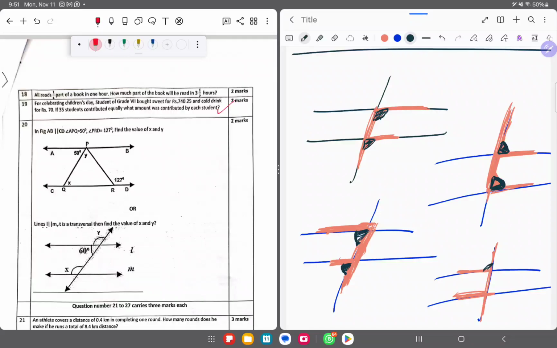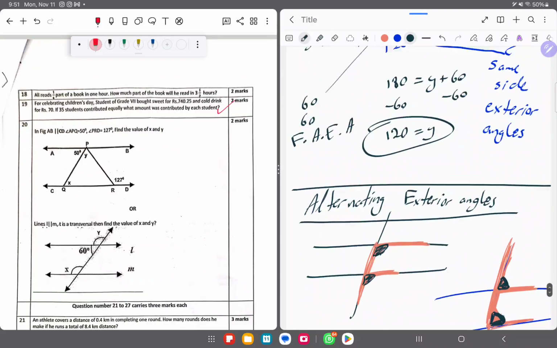This one is here. You see it? I need you to flash these again and call them alternating exterior angles. So just flash them, show me anything, and this is the name of the angles.